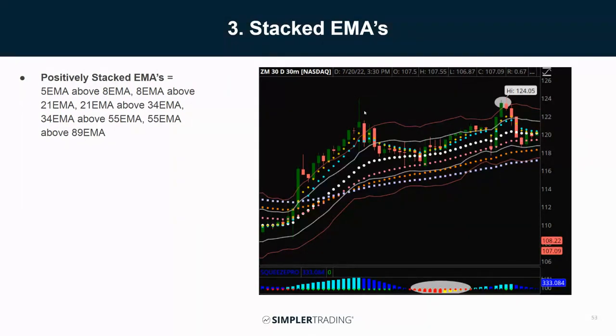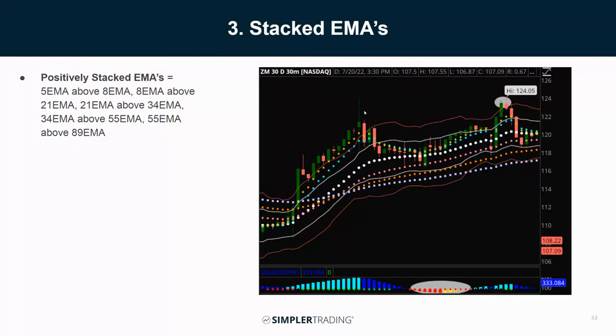Stacked EMAs is one of the most important pieces of the puzzle, but you don't have to understand why. The Big Three indicator is going to do that for you. But as a preface, guys, this is our structure tool. Everything that goes into our indicator is based on trend, structure, and momentum. The stacked EMAs, that's where we get our structure from. So for any bullish trade we take, 5-minute all the way up to a daily chart, we need positively stacked EMAs.